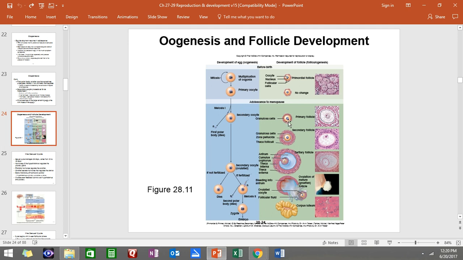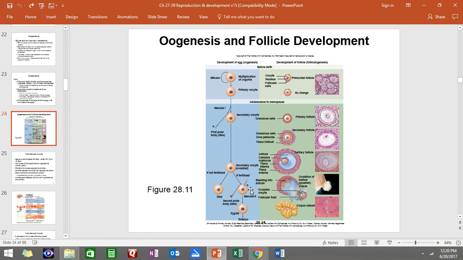Meanwhile, the follicle is beginning to develop as she gets closer to ovulation. Only the best and brightest of the secondary oocytes get promoted to this level, and the largest and best are going to fill with fluid, and on day 14, ovulation. So the secondary oocyte is what is ovulated.